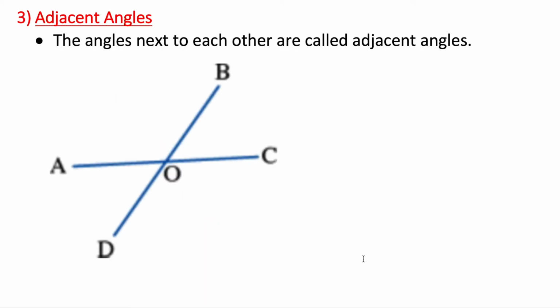Number three, adjacent angles. The angles next to each other are called adjacent angles. Notice that here I don't have any parallel lines. We already have spoken about this, but we're just going to clarify. Let's look at what I have here. I have an angle that is called AOB, agree?